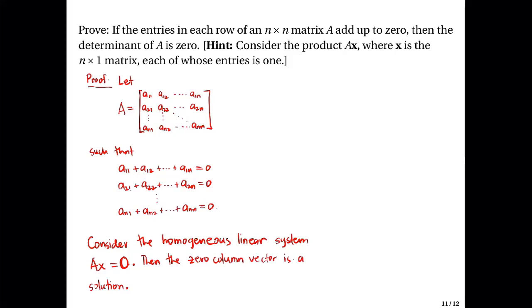Now, take x sub 1 to be the vector whose entries are all 1. That's your hint. And let me write the dimension, of course, n by 1.